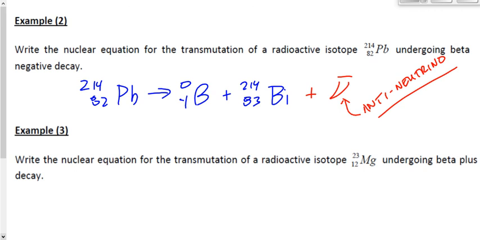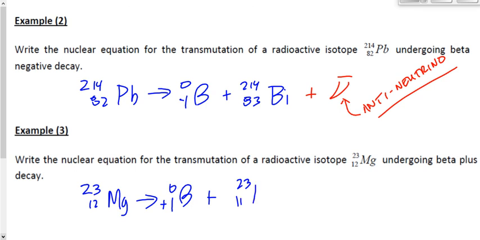Write the nuclear equation for magnesium-23 undergoing beta plus decay. Magnesium-23 undergoing beta plus, 0 plus 1 beta particle, or you say positron if you want to call it that, plus what? 0 plus 23 gives me 23, plus 1 plus 11 gives me 12.